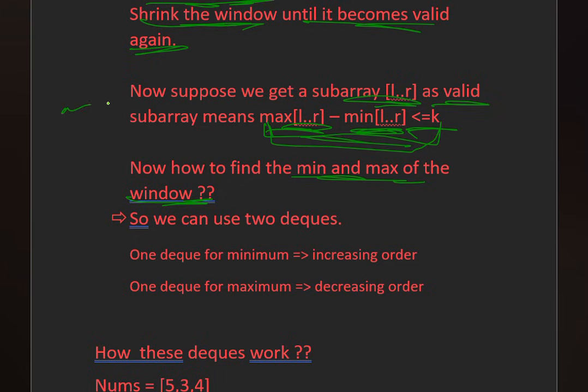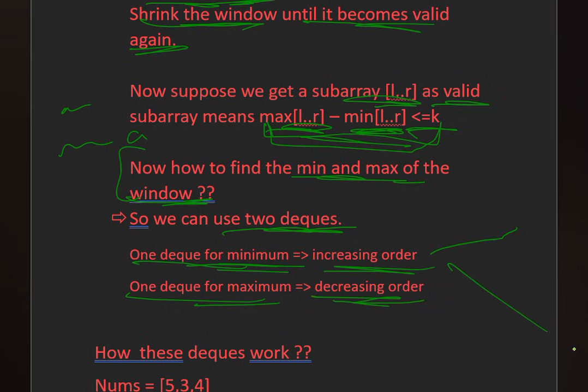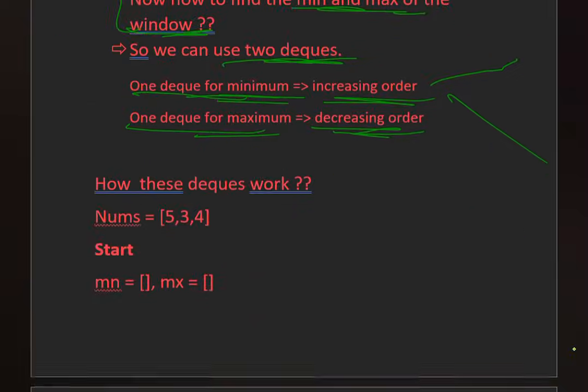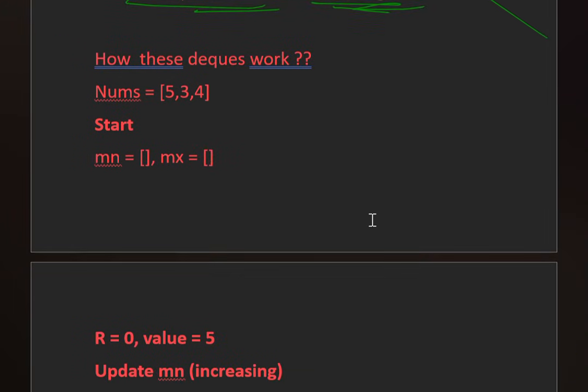And we are also updating the window, so these maximum and minimum should keep updating as we update the window. For that we are using two deques, one deque for minimum and one deque for maximum. The minimum one will store the elements in increasing order and the maximum will store the elements in decreasing order. So let's see how these deques will work.